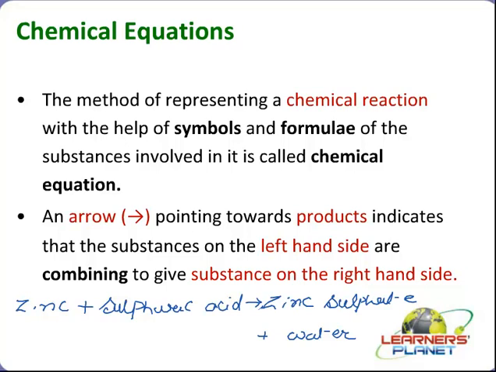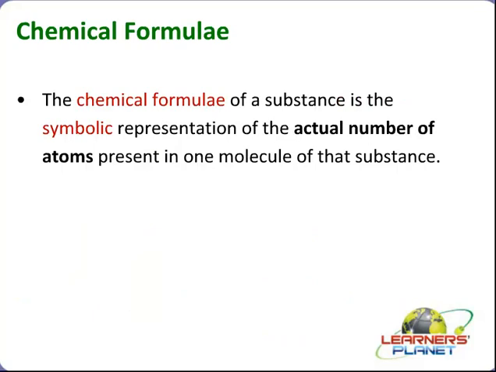So this is a relationship between reactants and products. This is how a chemical equation is represented. Not this way, this is the word equation. Now what are we going to do? We will put certain symbols, some formulas, and then we will represent a chemical equation.